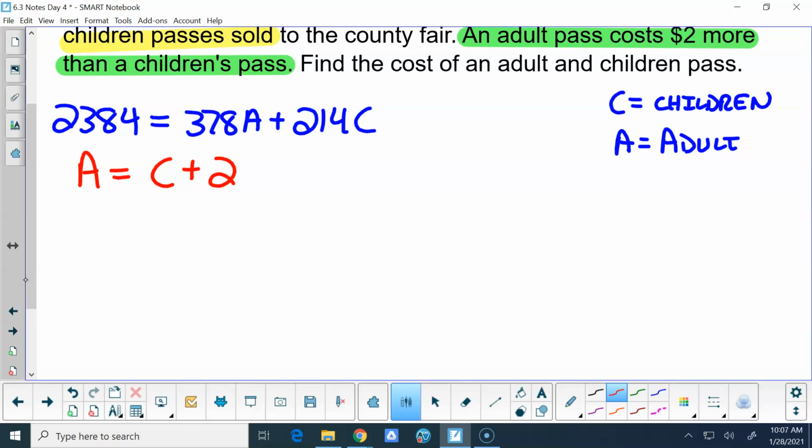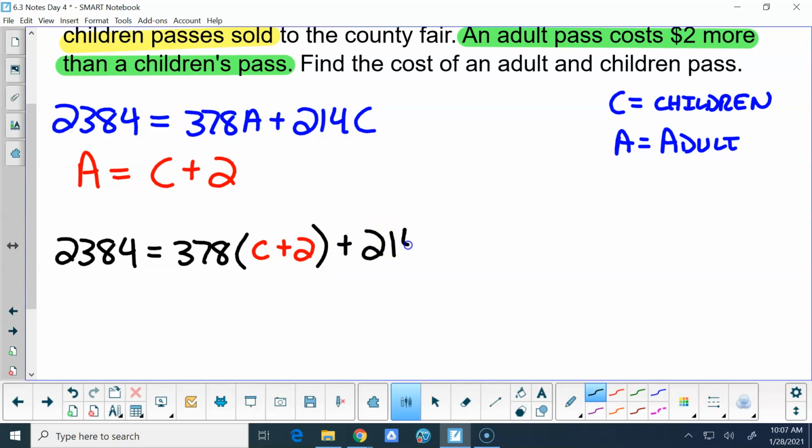So this would become 2,384 equals 378 times C plus 2, plus 214 C. How would you solve that?